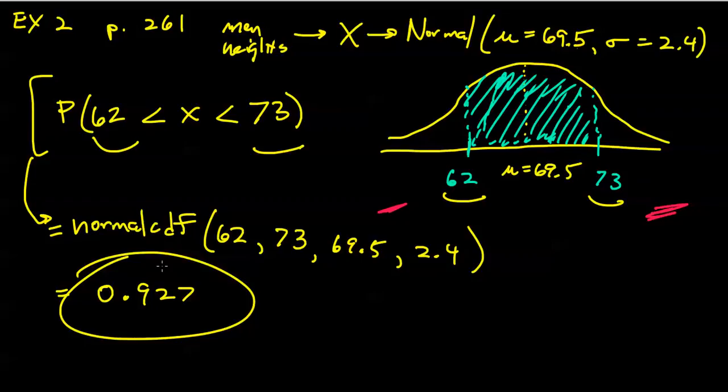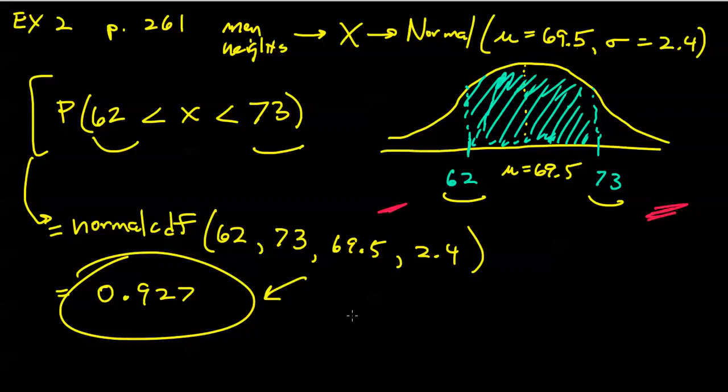And that seems rather high in the world of probability. But in your own personal experience, it would probably seem that most men are within 62 and 73 inches of height. Well, 62 is 5 feet 2 inches, 73 is 6 feet 1 inch, and yes, I would expect that approximately 93% of men fall within that range.